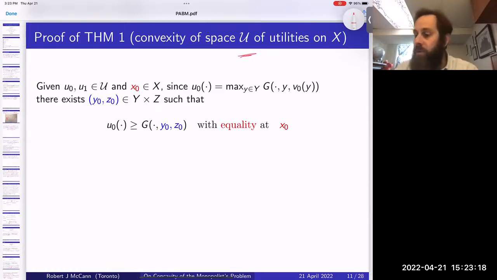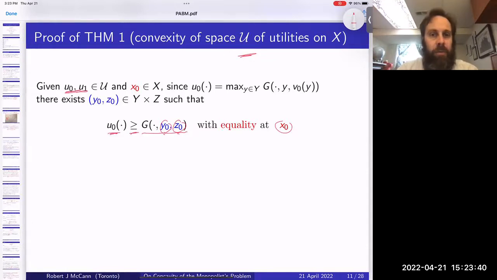Well, if you have two indirect utilities that arise from price span U's V1 and V2, one of the consequences of that is that the first function dominates, this would be the price paid for the product Y, and for every X naught there would be some Y naught and Z naught such that you can produce equality here.